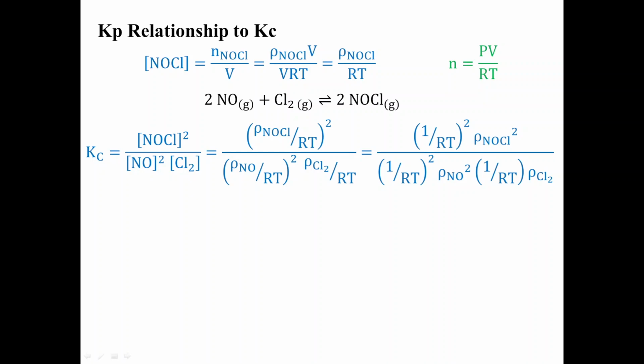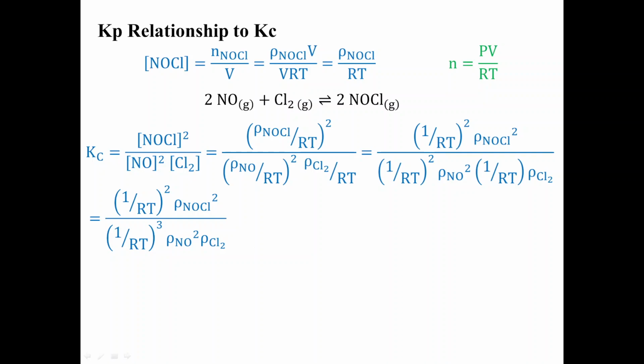All right, then we can group everything and factor them into essentially one side, so we'll end up with 1 over RT squared divided by 1 over RT cubed. We'll later reduce this down to simply be divided by 1 over RT.